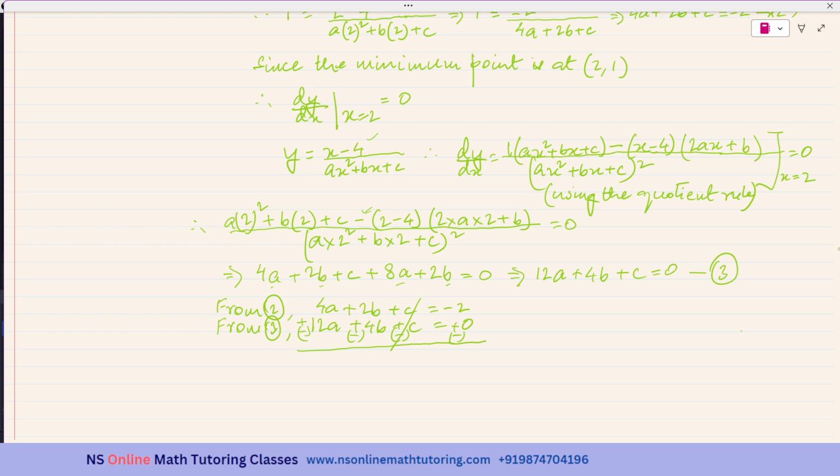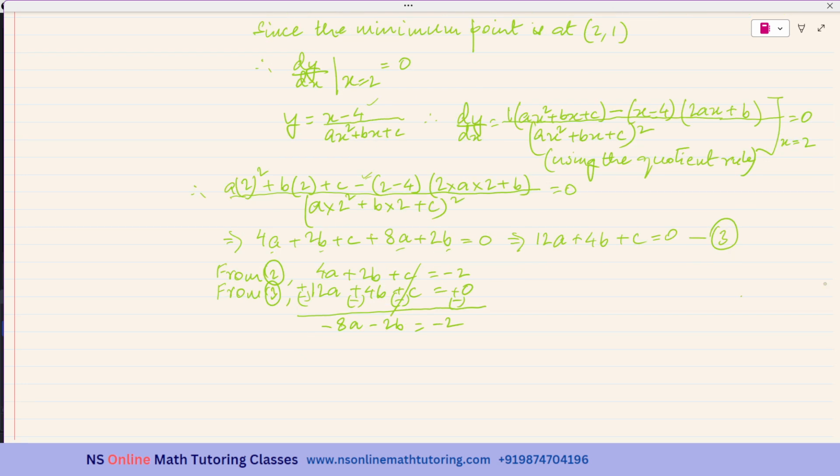So 4a minus 12a is minus 8a, and 2b minus 4b is minus 2b, equal to minus 2. So I can divide the entire equation by negative 2. So I get 4a plus b is equal to 1. This is equation number 4.